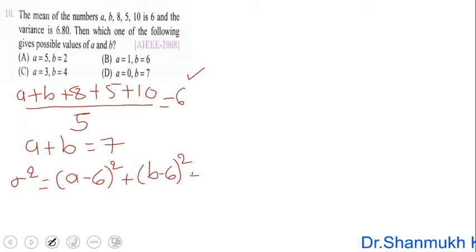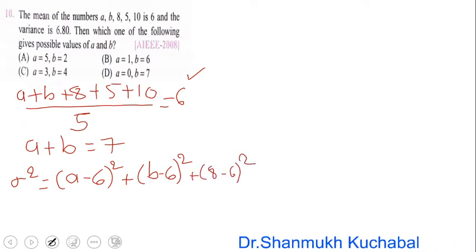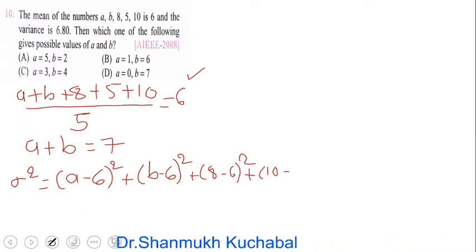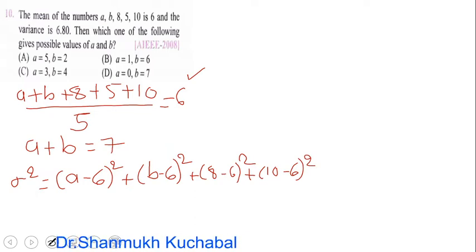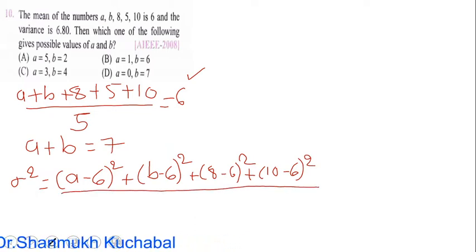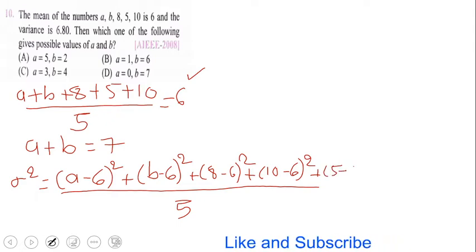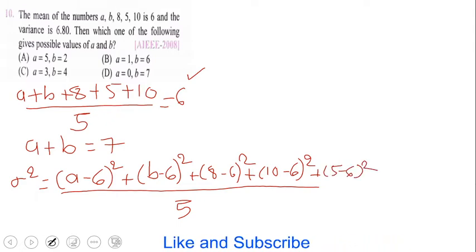Next we have b minus 6 square, next 8 minus 6 square, next 10 minus 6 square, and one more, 5 minus 6 square, whole divided by 5, because we have 5 data. Okay, next.